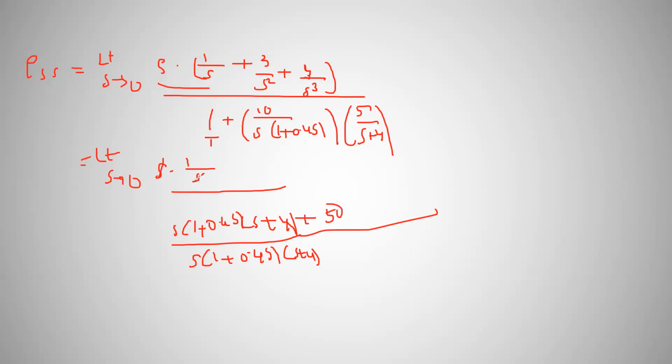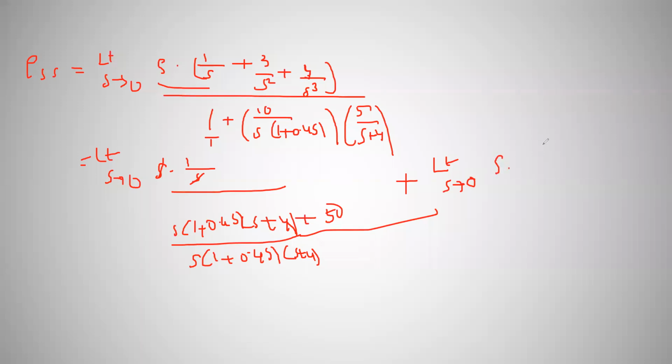S is cancelled. So s is cancelled, and we substitute s value 0, and then the second limit s tends to 0.